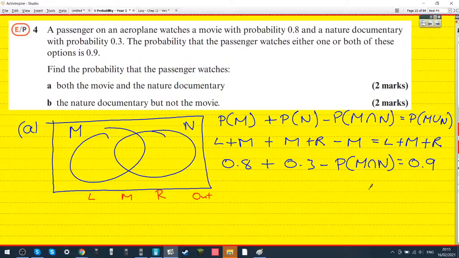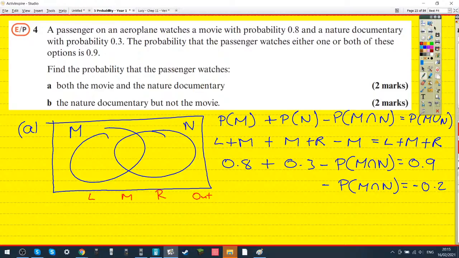So you can minus 0.3 on both sides. Yep. Which would give you 0.6. And then could you minus 0.8 on both sides? Yep. Which is minus 0.2. Yep. And that's M and N, which is the middle.